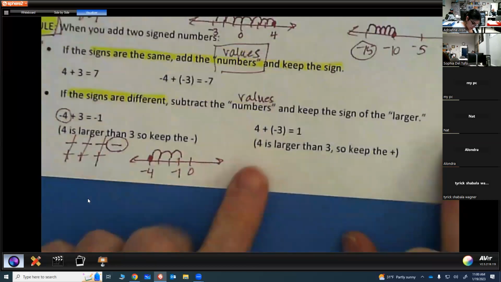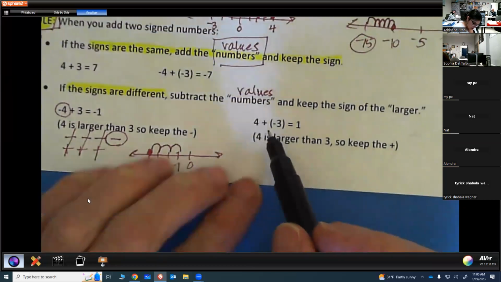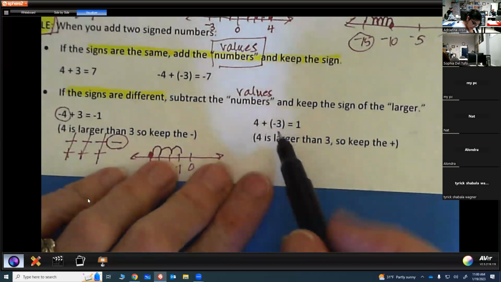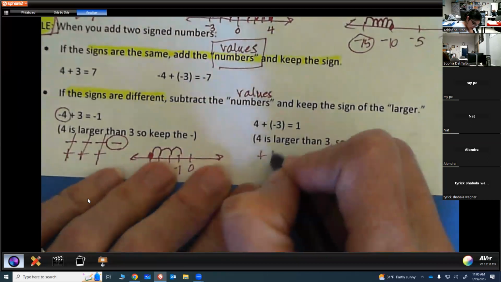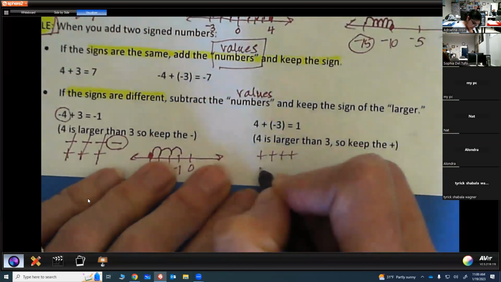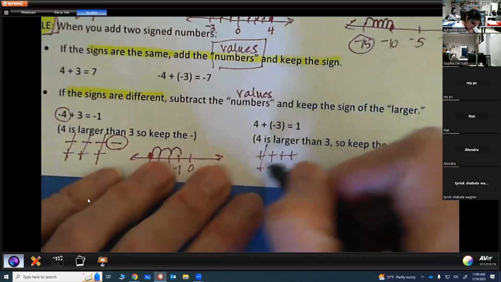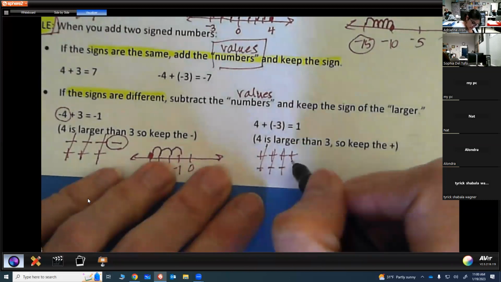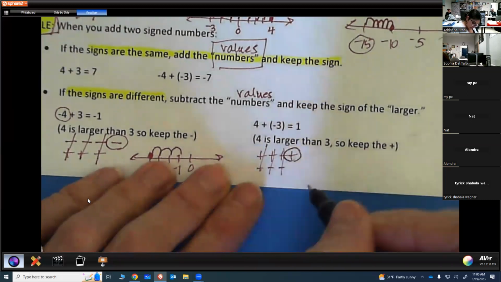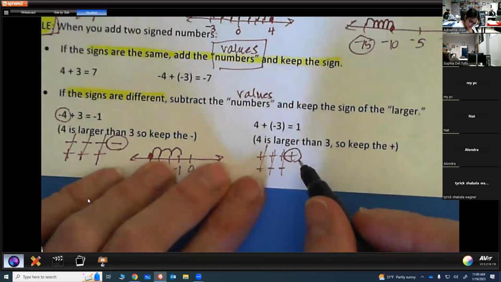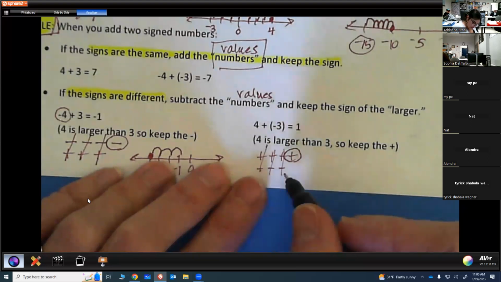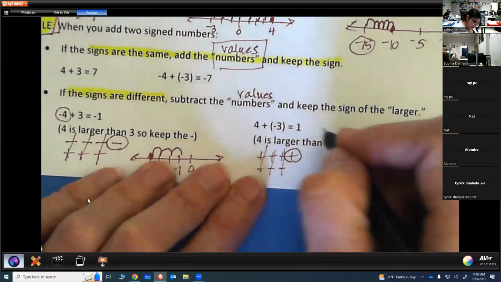The larger value is 4, but it is negative, and that's why your answer is negative. And so if we look at the opposite scenario, +4 plus -3, if I start out with 4 positives and I add 3 negatives, I'm going to get this canceling out process again, but now I have more positive charges. I started with more positive charges, and so when I cancel out the negatives, this time I'm left with +1.